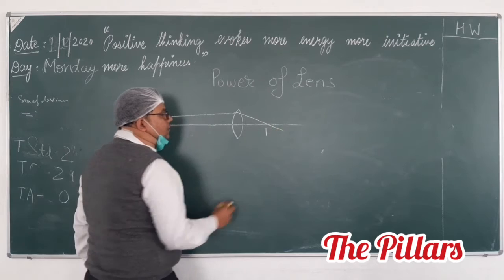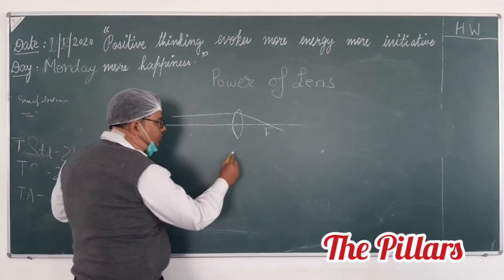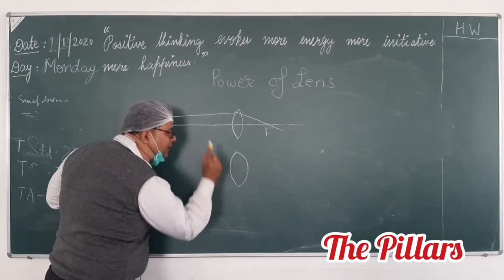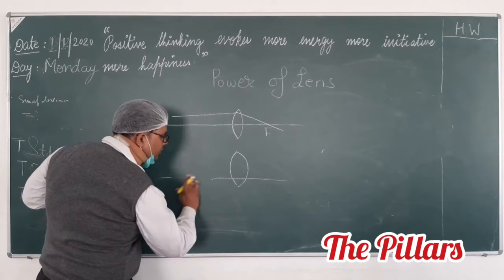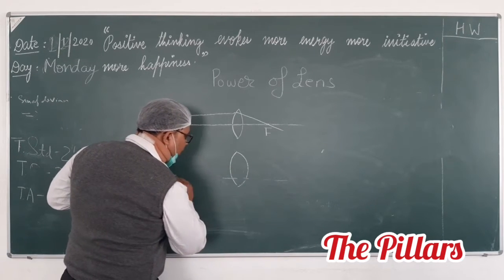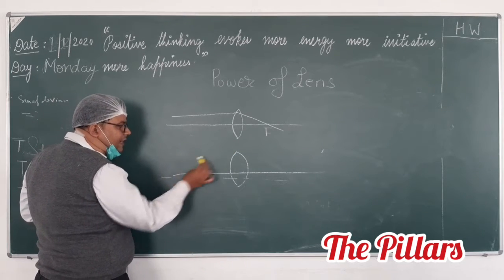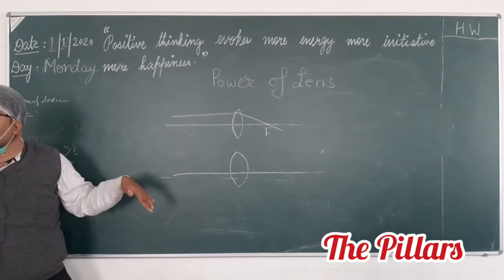Now suppose the thickness of the lens is increased. Since the thickness of the medium is increased, definitely the bending will be more.